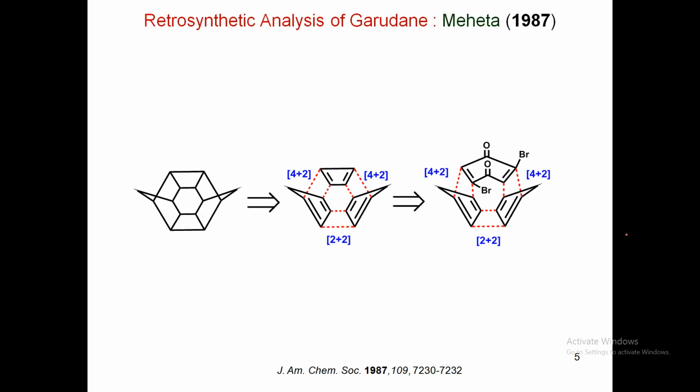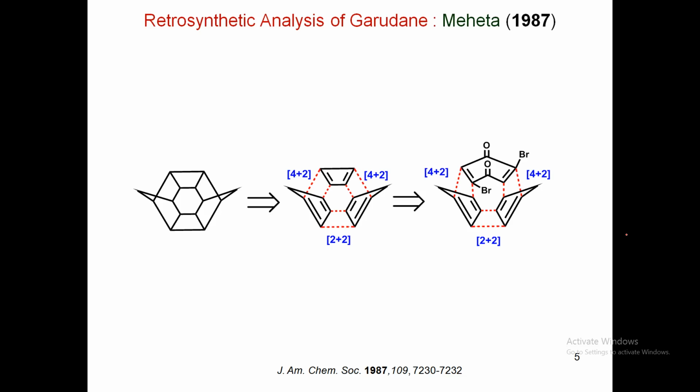But Mehta in 1987 came up with an interesting retrosynthetic approach, where he thought of doing 4 plus 2 followed by 2 plus 2 to make this type of molecule.